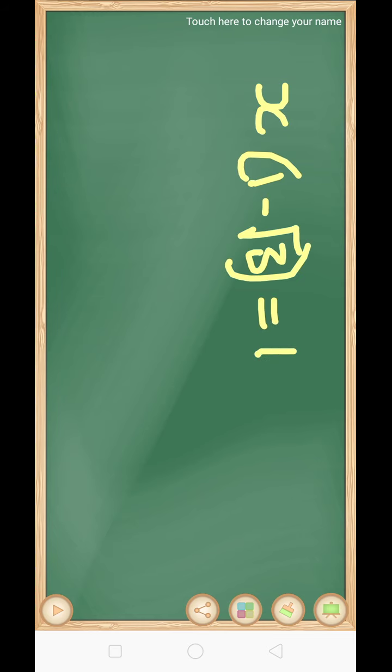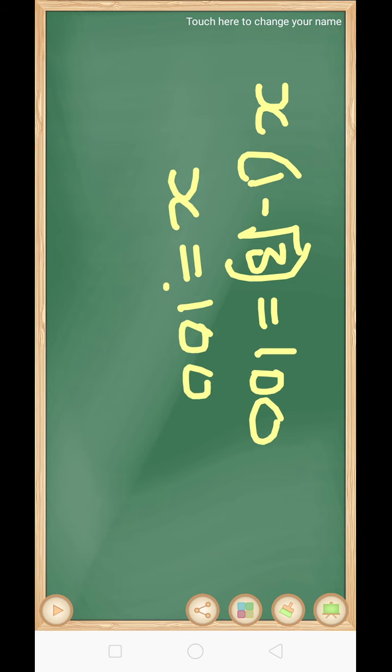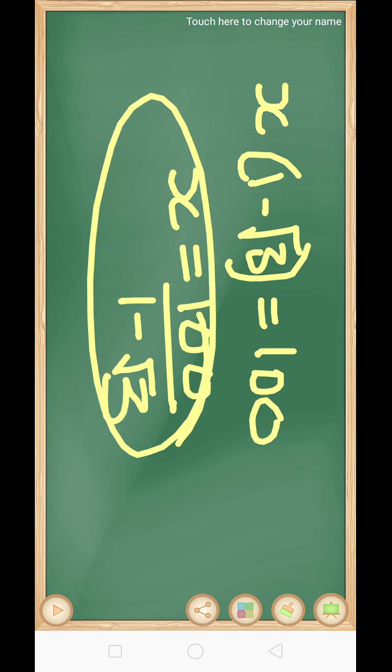So x is equal to 100 root 3 upon 1 minus root 3. That is the original distance.